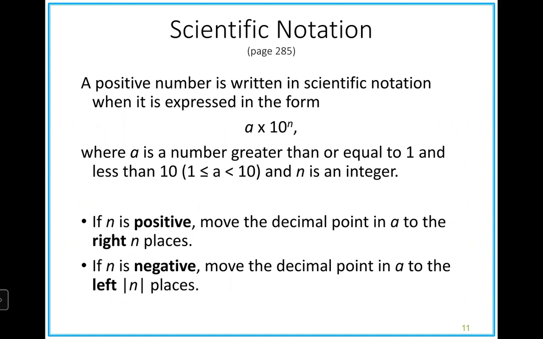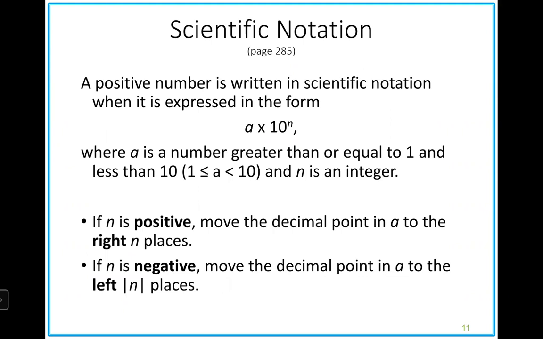Now it says if n is positive, move the decimal point in a to the right n places. If n is negative, move the decimal point in a to the left, the absolute value of n places.